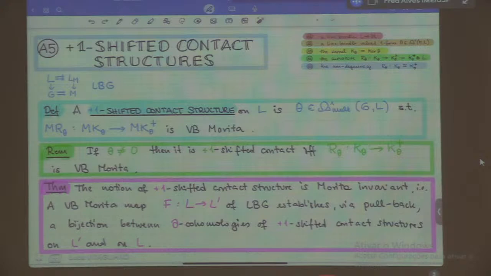For instance, if theta is non-zero, that's equivalent to saying that the plane curvature is a dB Morita map.